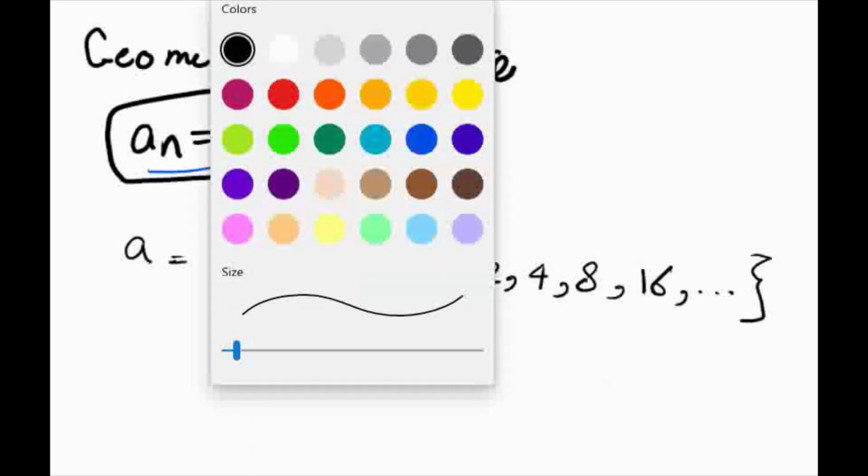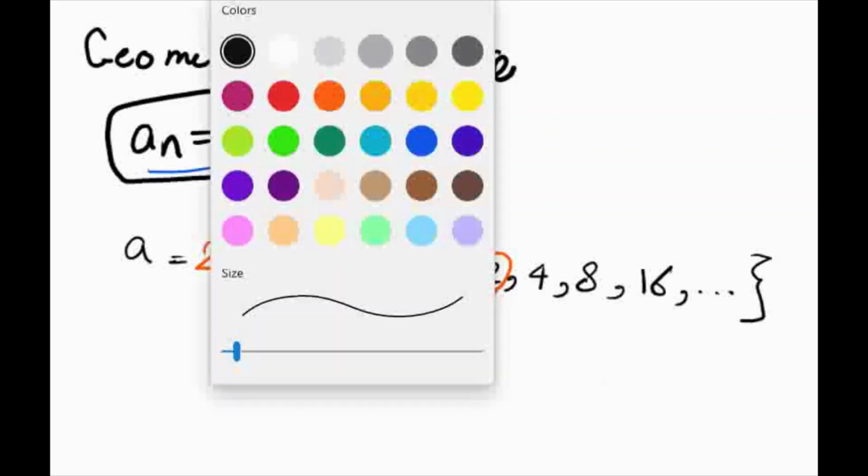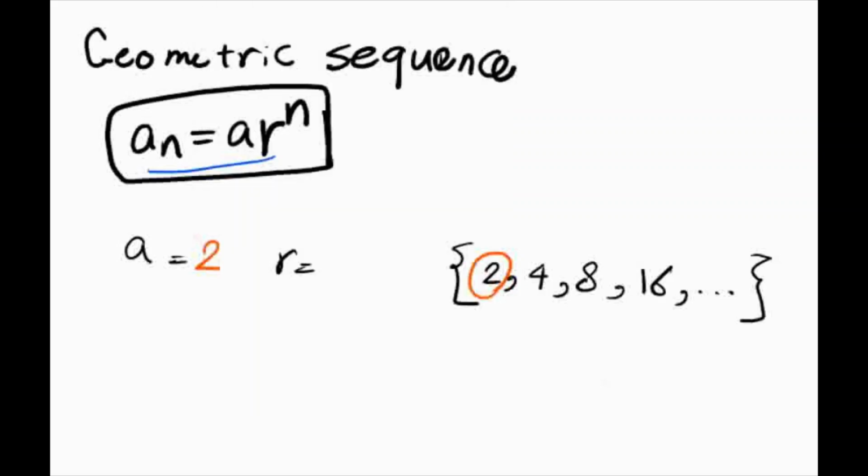Okay, so from the previous example, we know that the first element is going to be our A. So our A is going to be 2. And then now let's look at how we can figure out what number is R.